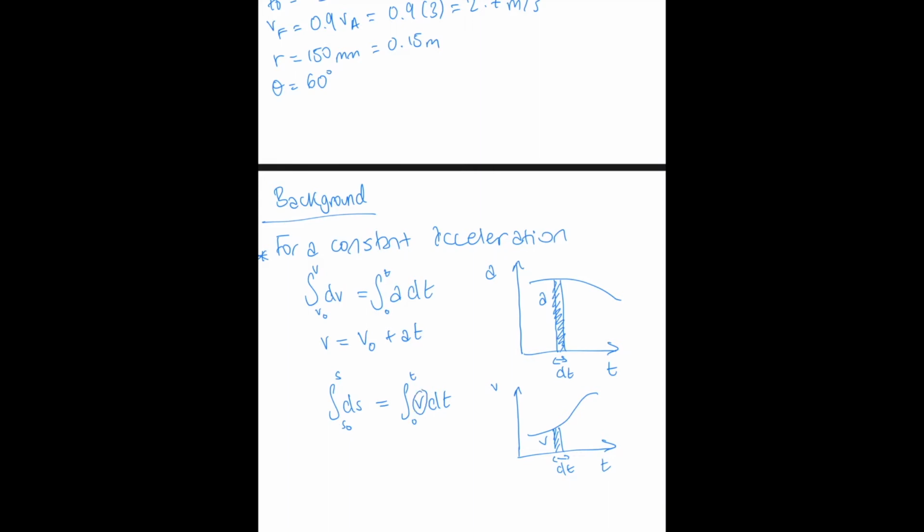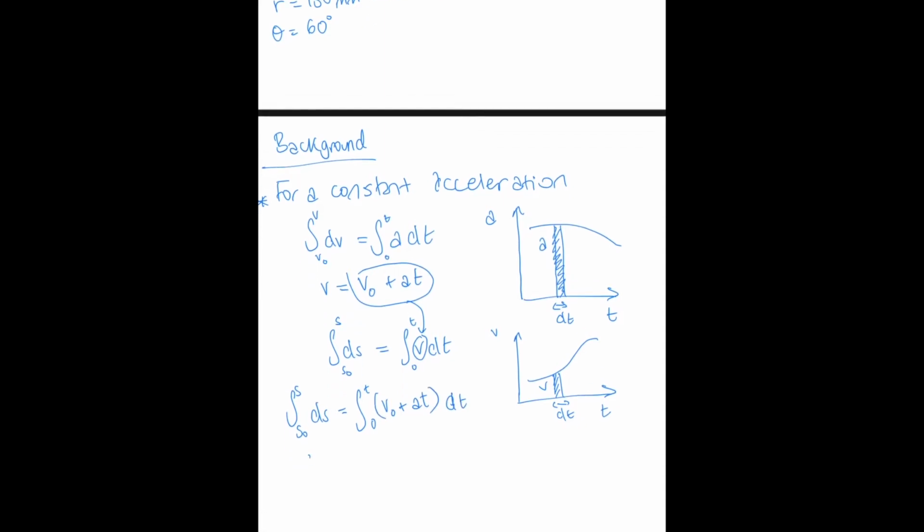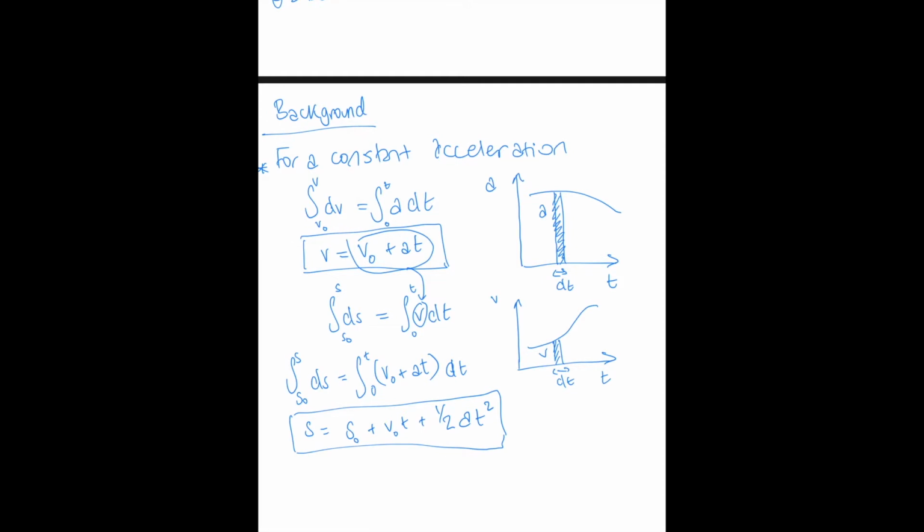Now, if we plug in this equation here into the integral, we can have ds is equal to v0 plus at multiplied by dt. And then once we integrate that, we can have s is equal to s0 plus v0 t plus half at squared. Now, if you want to solve these problems, you can just start with these equations over here. I'm just showing you how we found them in the first place.